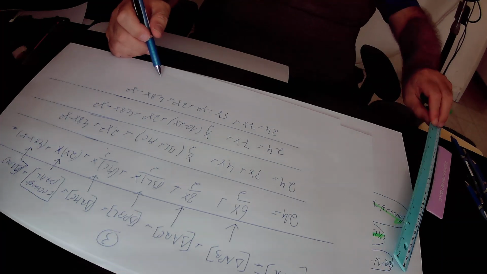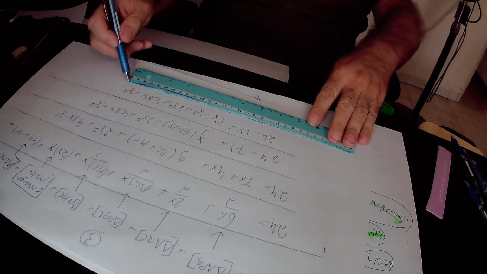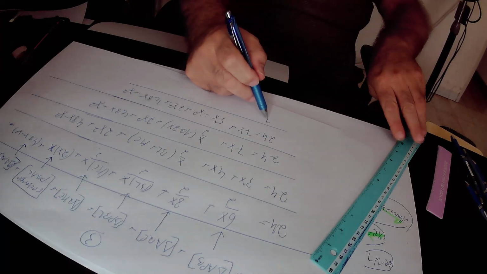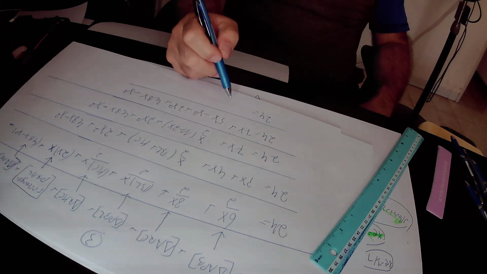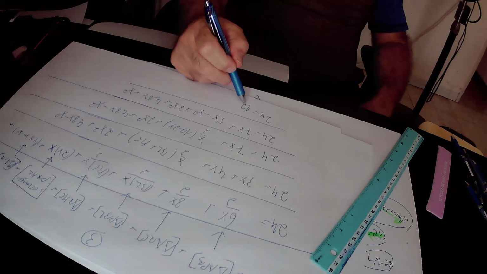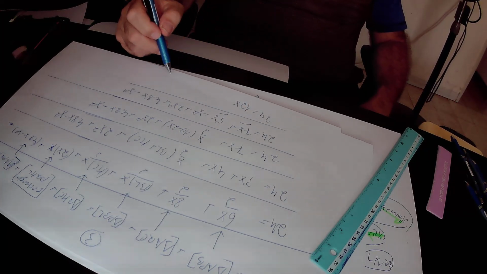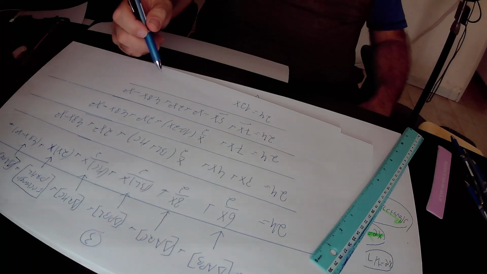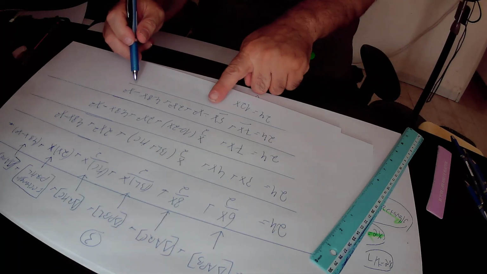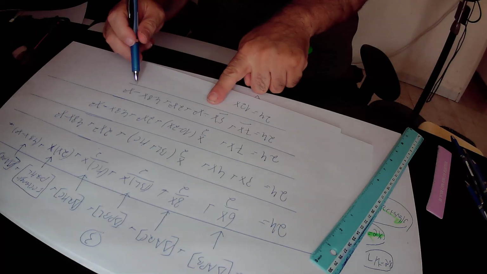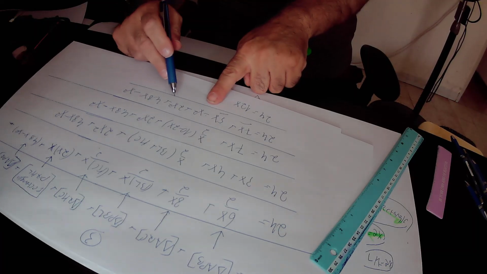So 24 equals 7x plus 5x, which is 12x. Here we have minus x squared minus x squared, which is minus 2x squared, and minus 2x squared plus 2x squared is 0.